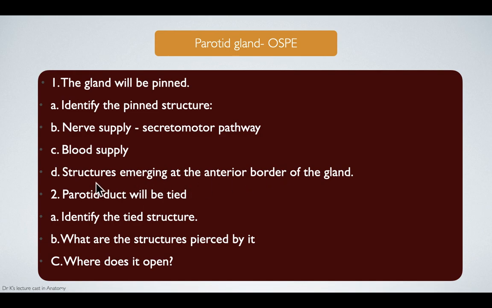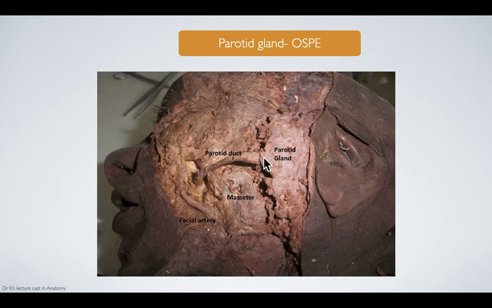If they pin the gland, at the anterior border you can see the parotid gland structures emerging, along with the five branches of the facial nerve.